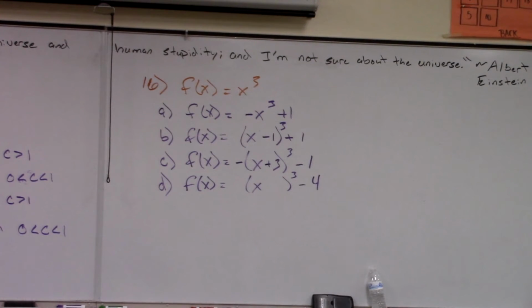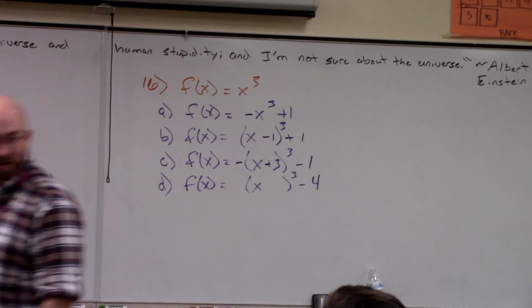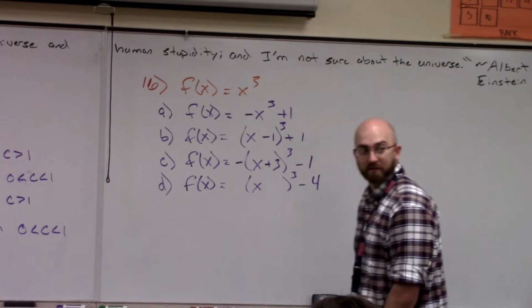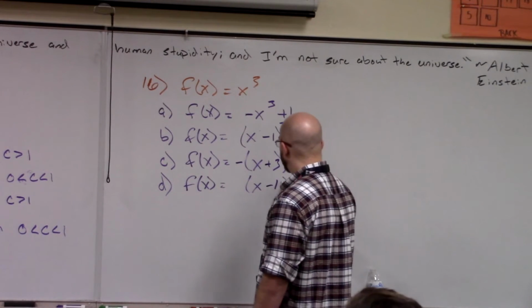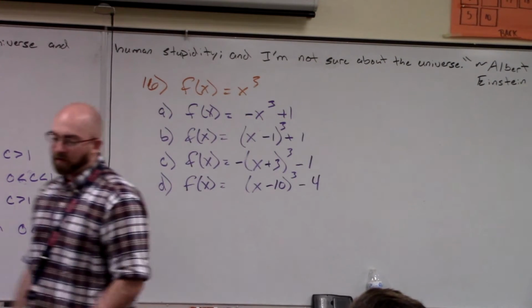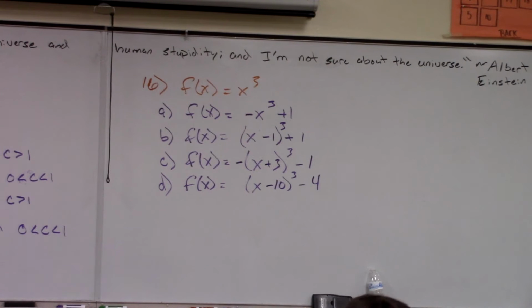Oh, wait, no. 10. Because it goes 4, 8. Look at the center. Where is it at? It's in the middle of 8 and 12, which is 10. And then, anything else? No.